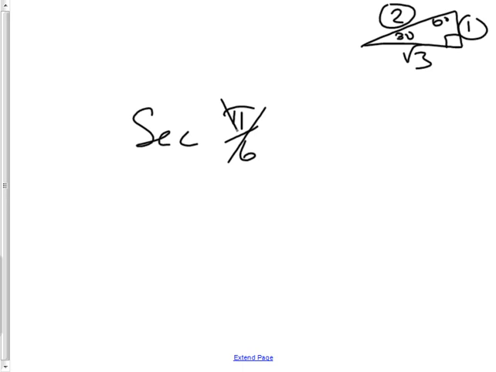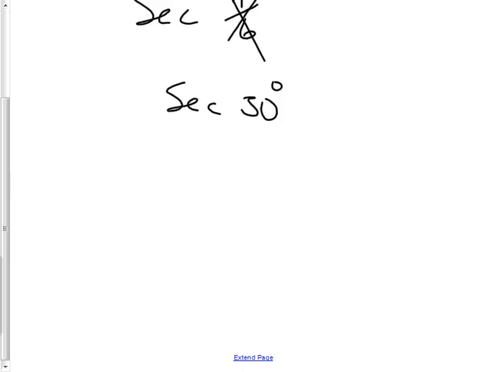So my first step is I make this secant of 30, but then I'd not even do secant. I don't have them memorized. SOHCAHTOA is what I have memorized, and that doesn't have a secant in it. So instead of secant, I would use its sister, which is cosine of 30. But I've got to remember to flip it at the end because it's not the same.